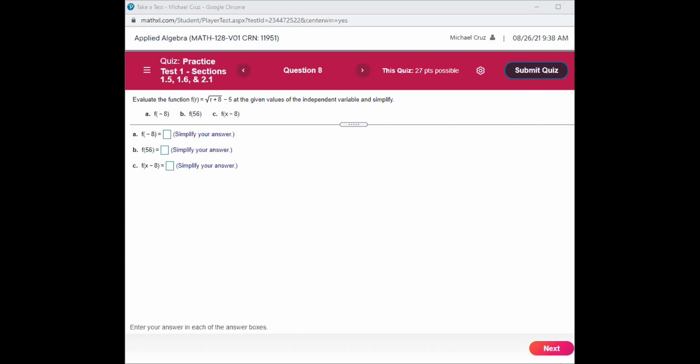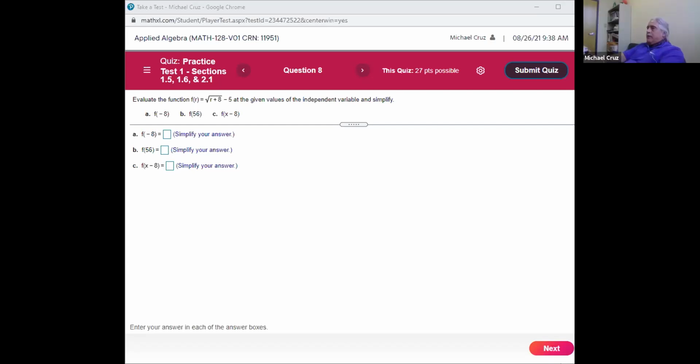So like this one here, are you going to be plugging in that -8 where the r is and then solving? Exactly. And we'll do that with all three of them, and simplify as much as I can. I'm writing it here on the board.